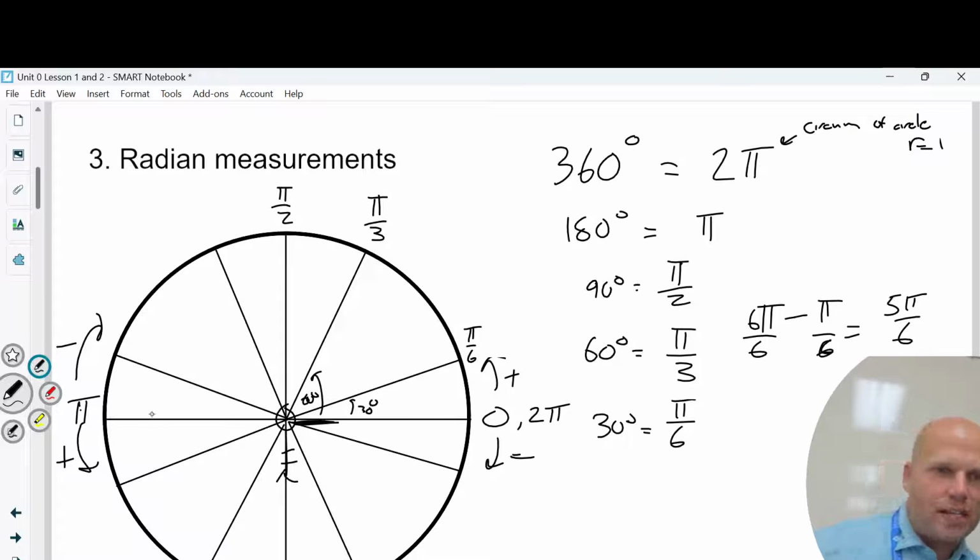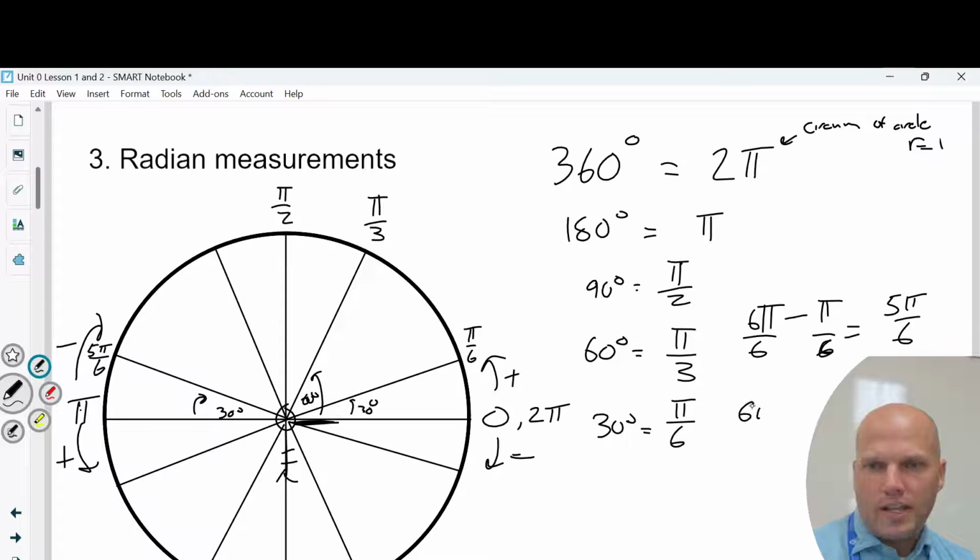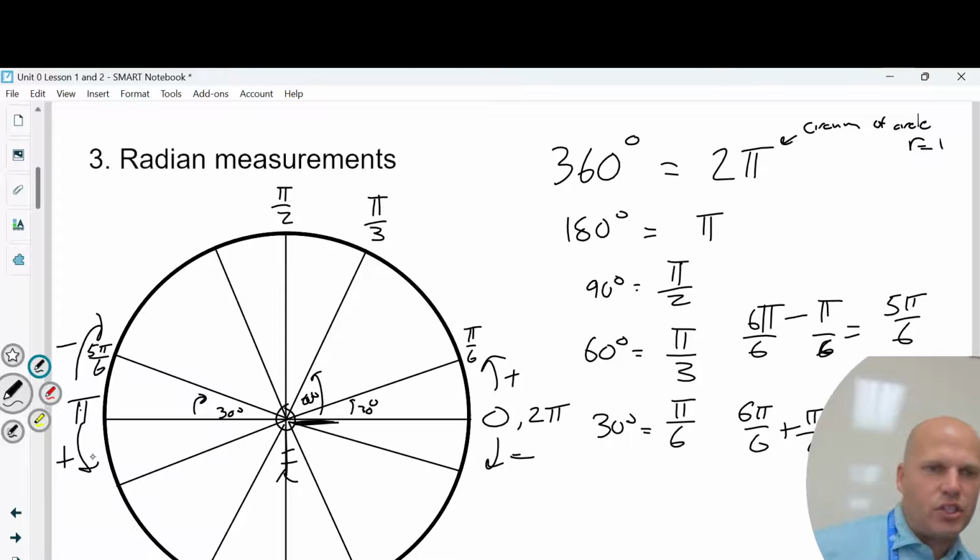So if I subtracted 30 degrees, I get this radian measurement of 5 pi over 6. Well, if I took 6 pi over 6 and added pi over 6, that's adding 30 degrees, and I get 7 pi over 6.